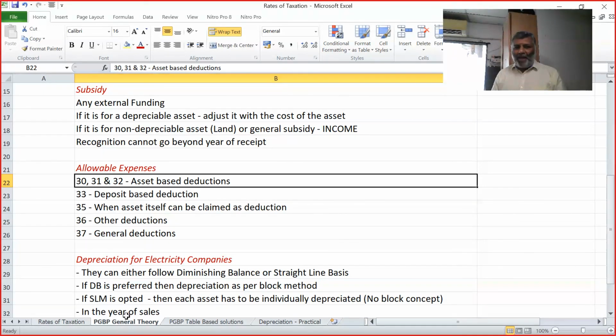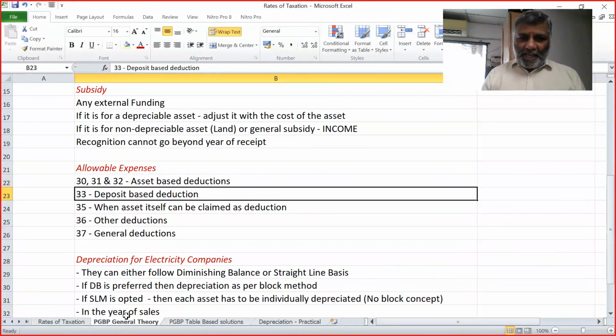And we have completed the asset-based deduction 30, 31, 32. Our next focus is on deposit-based deduction, where normally an expenditure will only be allowed as deduction. Will deposit be allowed as deduction? Yes, to promote some sectors they will allow. Followed by 35, but I'm only taking it up tomorrow morning.